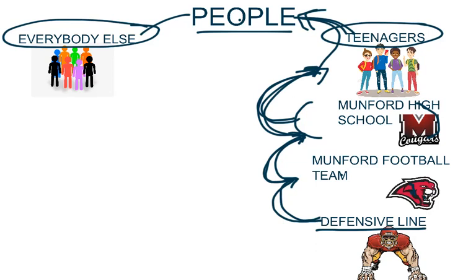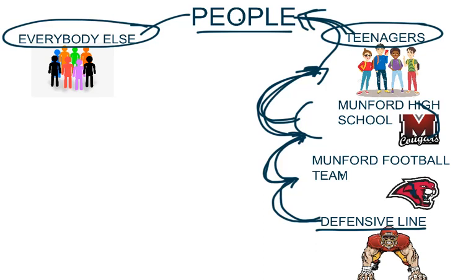So everybody in this group is part of this one, this one, this one, and this one. Now, are all teenagers on the defensive line for Mumford High School? No. Are all Mumford High School students defensive linemen? No. Are all Mumford football players defensive linemen?